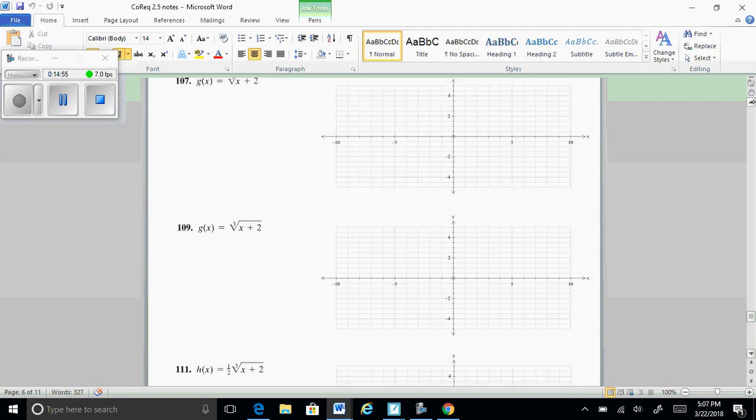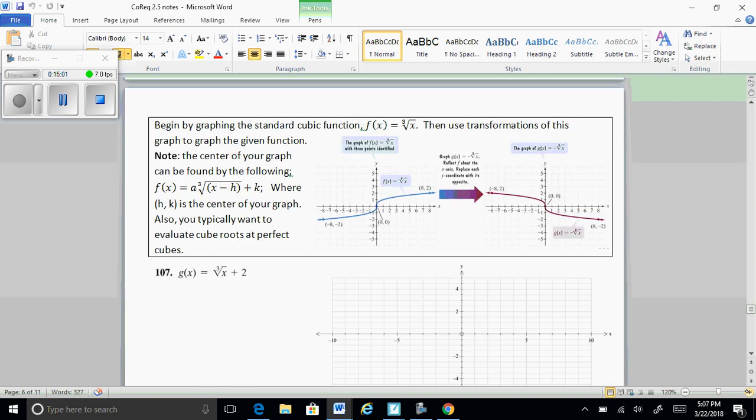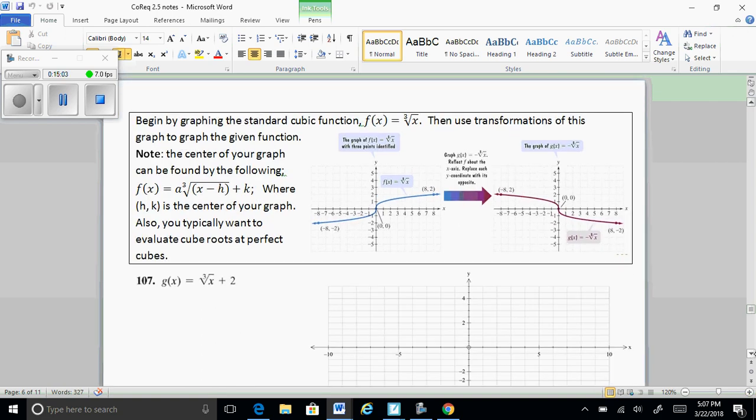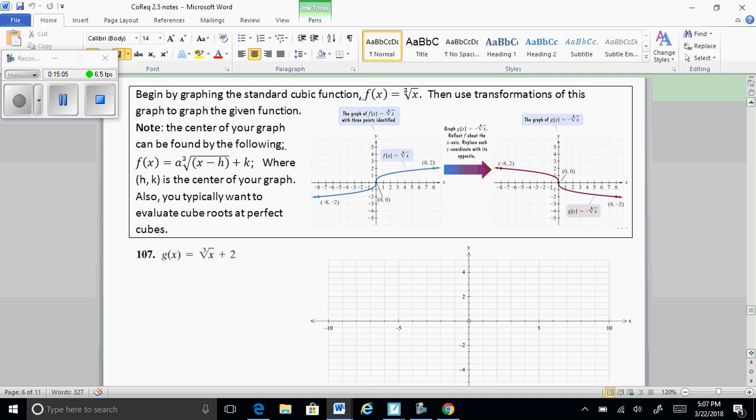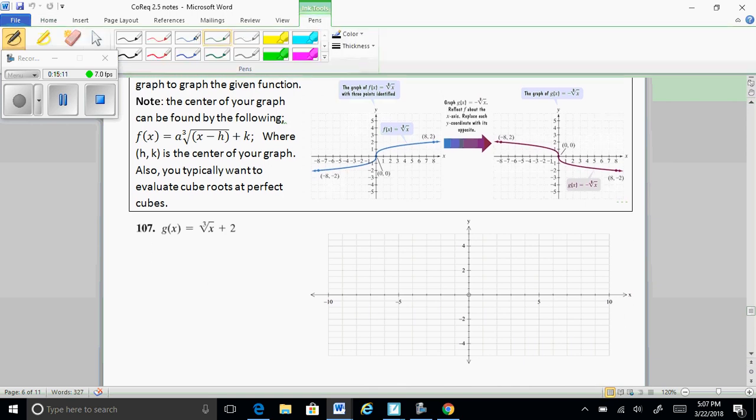Okay. So on this one, let me enlarge this a little bit so we can see a little bit better. On this one, we're going to transfer up 2 units. Now you can see the graph looks a lot better. So let's go to my pen tools. Here we go. So our original points, we have one here, at 1, 1, at -1, -1. So we're going to move all these points up 2 units.